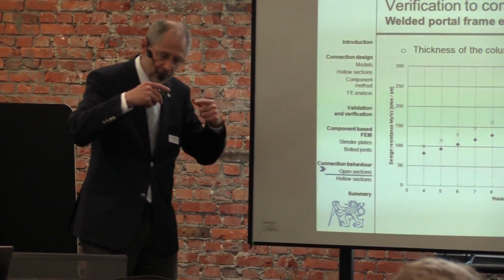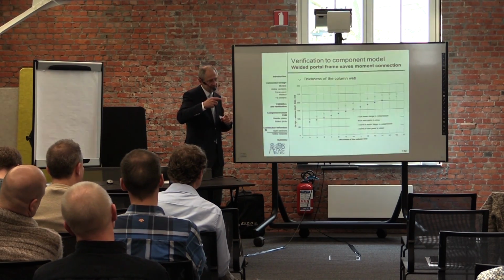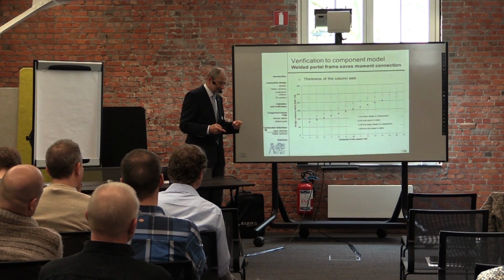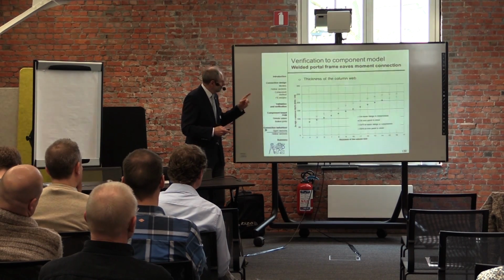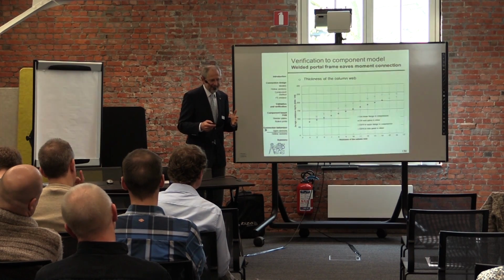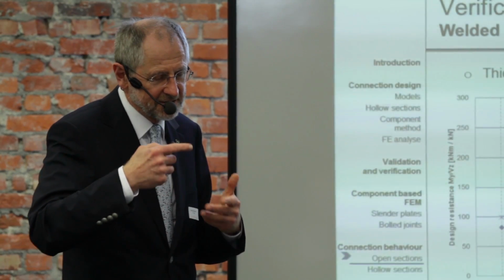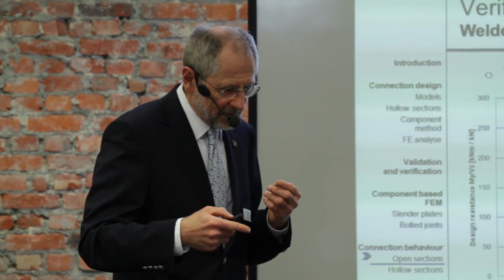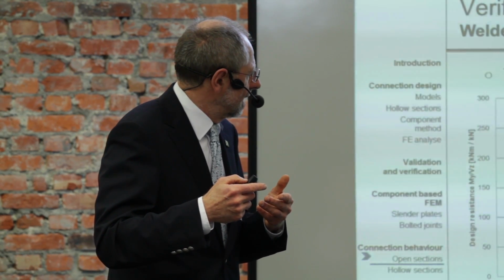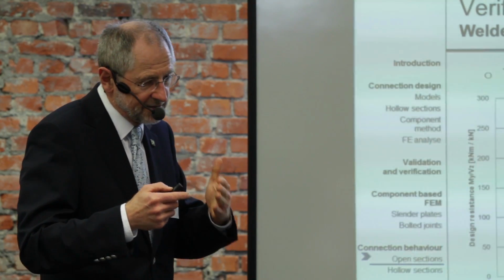Sorry, this was a hot rolled connection, of hot rolled profiles. If we change to plates, we come to difficulties. It's commonly known that the Eurocode procedure underestimates the resistance if the plates are thin.